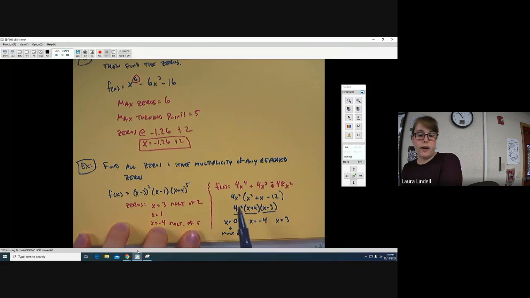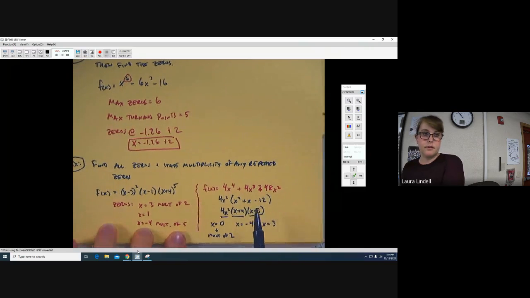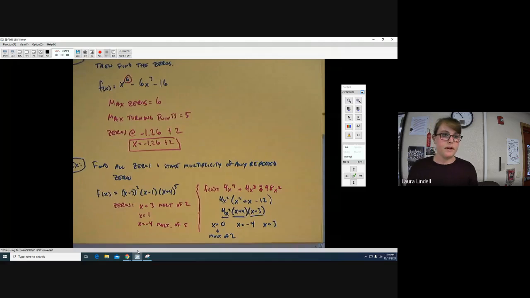And when we set 4x squared equal to 0, the only way that we can get that to happen is for x to be 0. So anytime that you see something with an x factored out, 0 is going to be one of your zeros? Good question. Any other things that we want to talk about? Any numbers we're not sure where they came from on any of the examples?